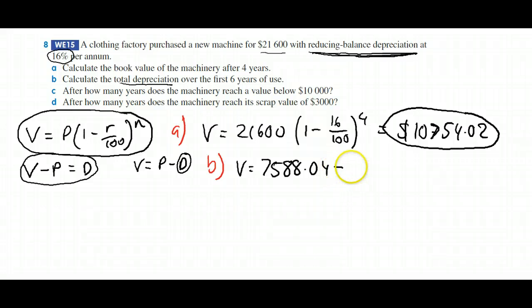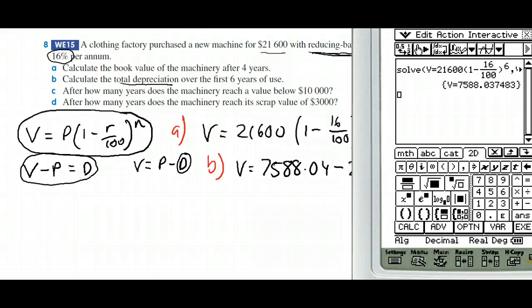So take away 21,600, and you'll notice that this is going to give us a negative number because the purchase price is bigger, but that makes sense because the depreciation is a loss of value, so it should be a negative number. So take our answer and minus 21,600 from that, and we get negative 14,011.